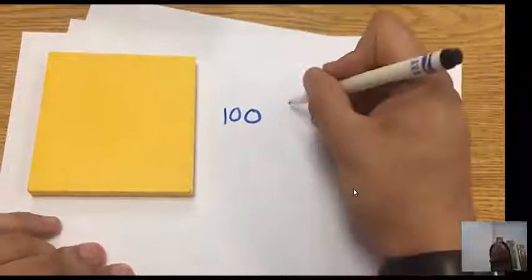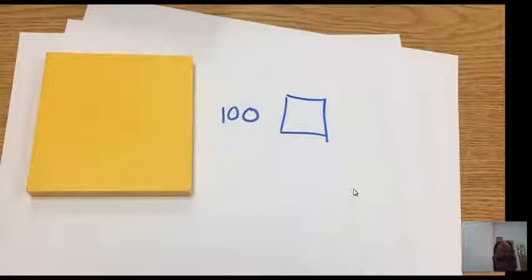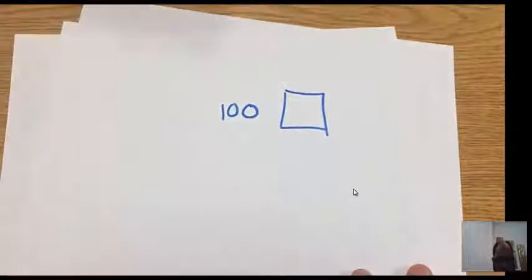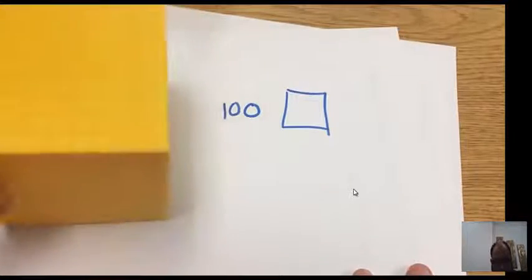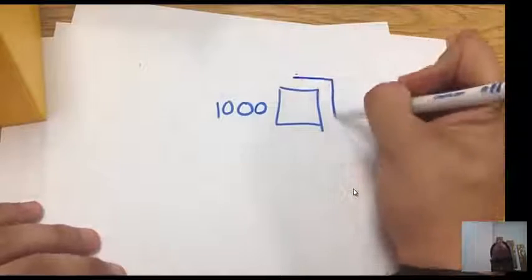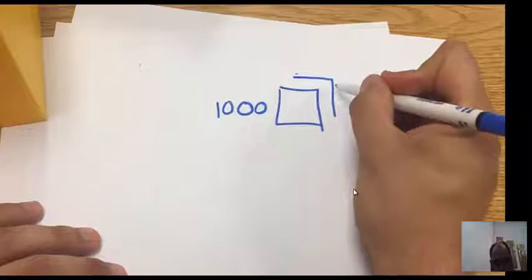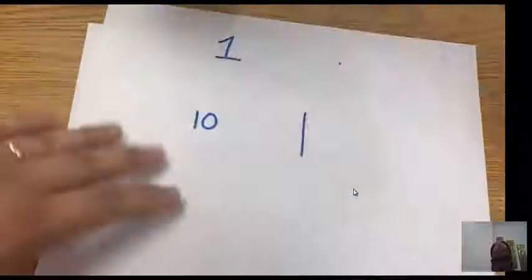So the sign for this one is a square, which shows 100 cubes. Now if I take a 3D cube, which has these flat surfaces on all sides, then we have a thousand, and the sign to represent thousands is this double square, or 1.5 square you can say, or this kind of symbol.